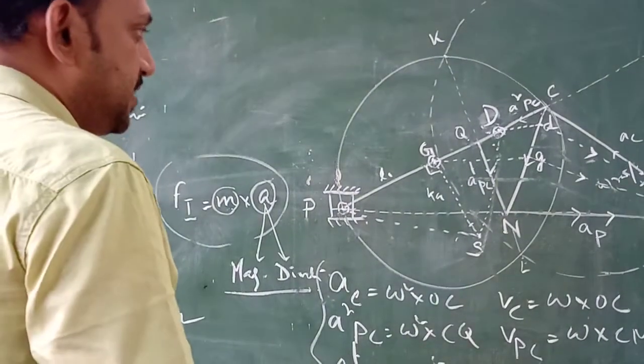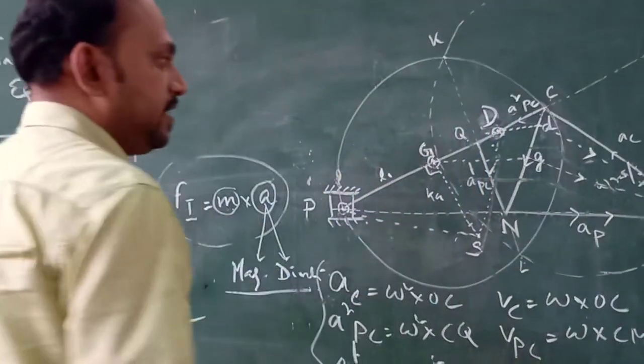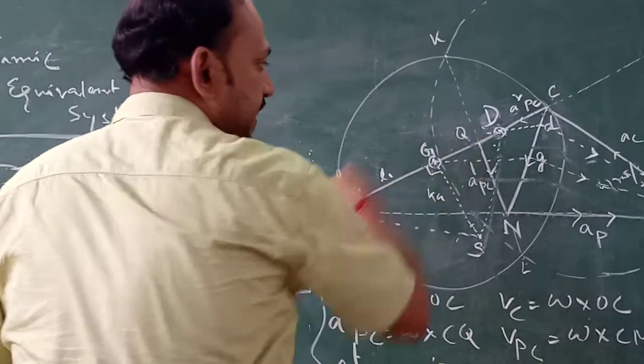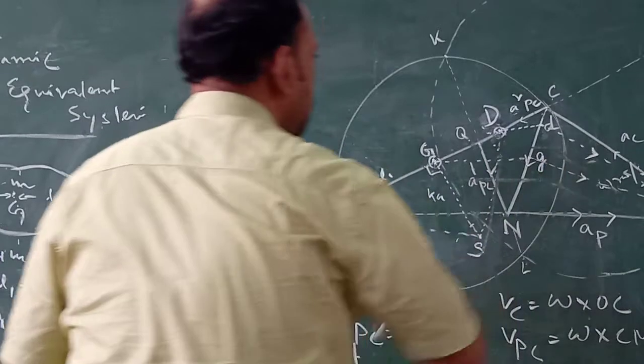So our next step will be, from the point capital D, we'll draw a line parallel to small do.